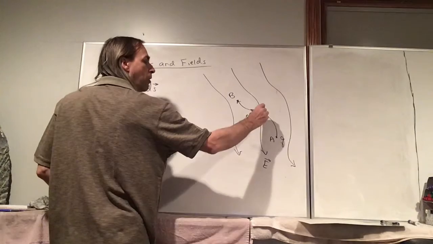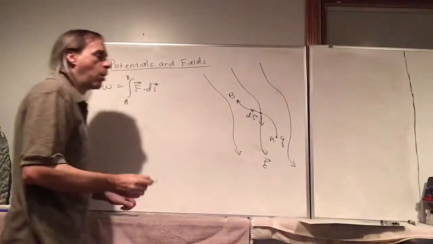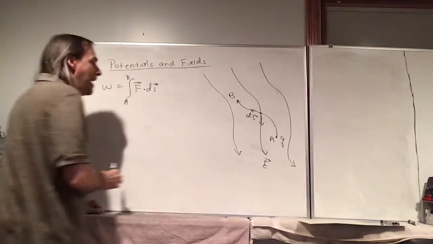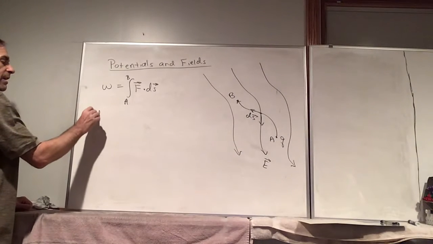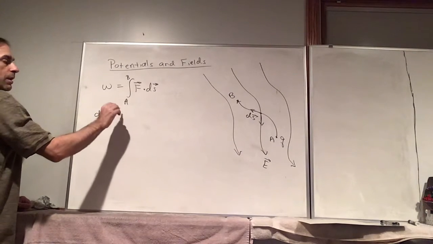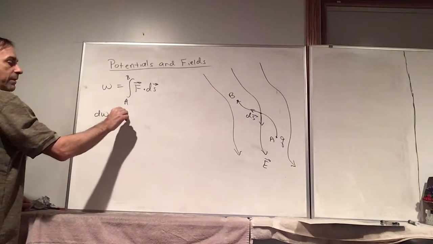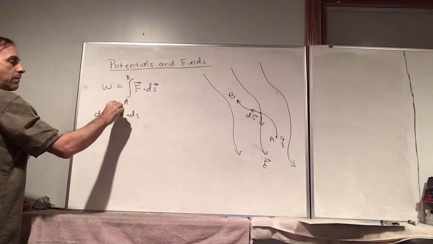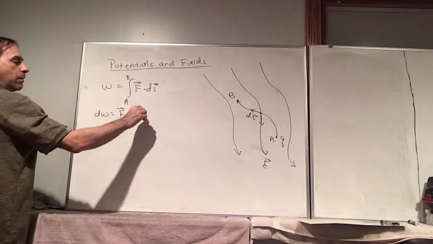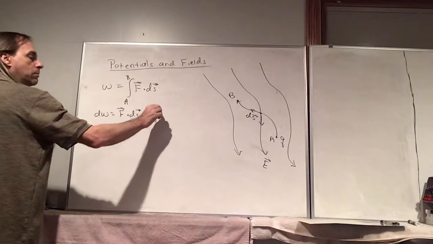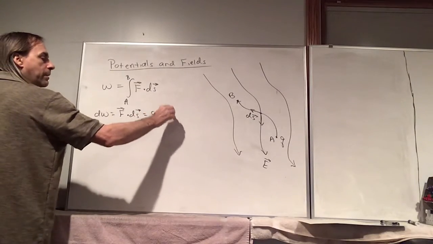So in order to find the work just over this segment ds, dW would be F dot ds, or Q E dot ds.